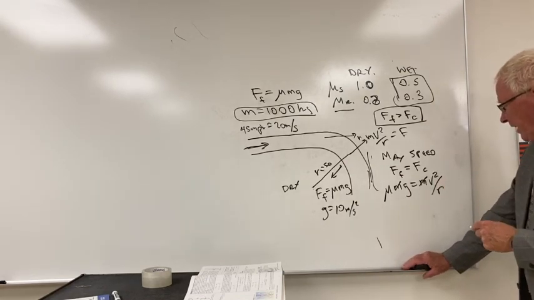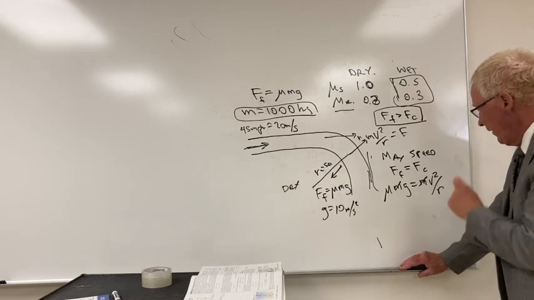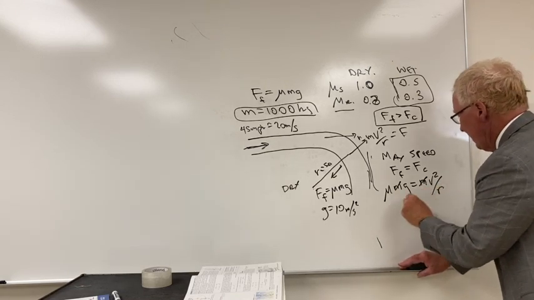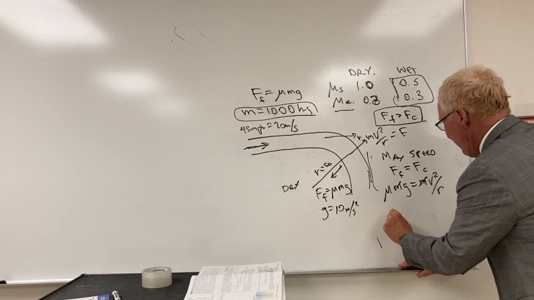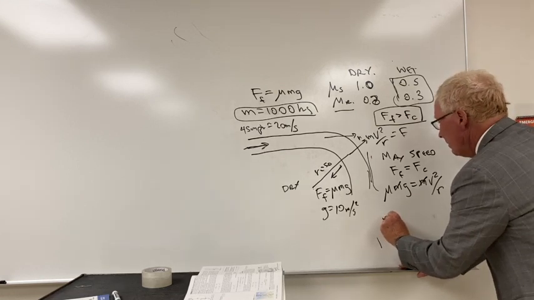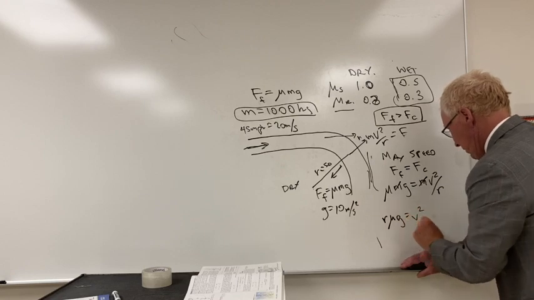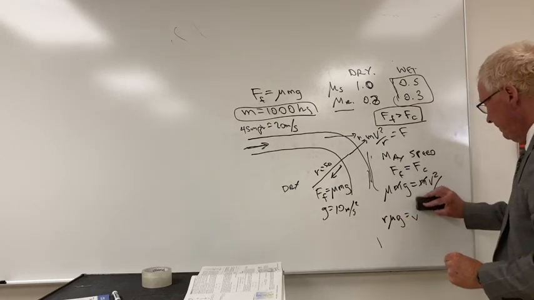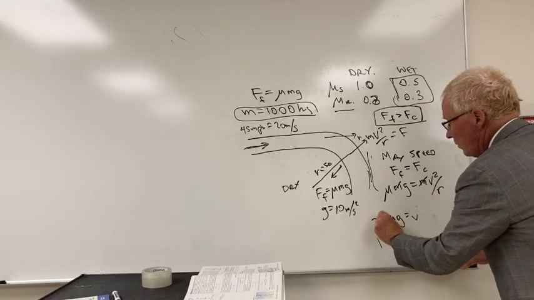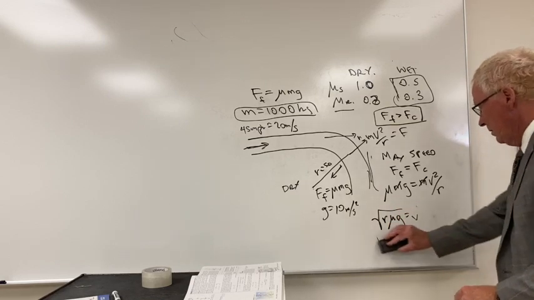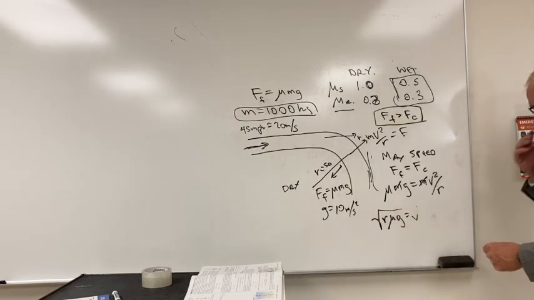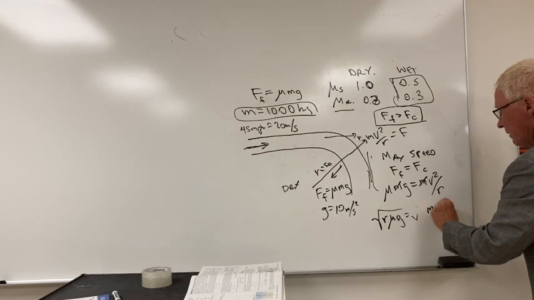So we can figure out the maximum speed: r times mu g is v squared. So v would be equal to the square root of mu r g. This is the maximum speed.